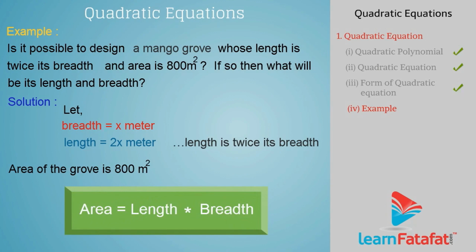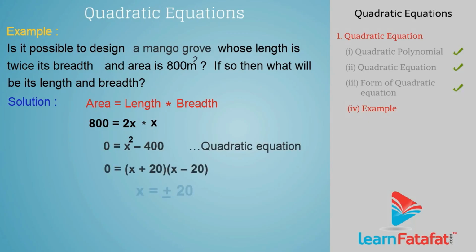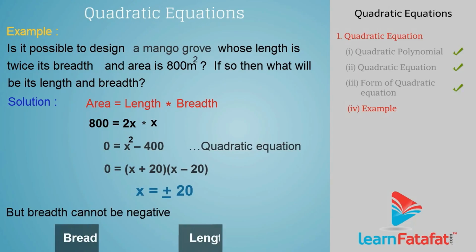Now, we know that area of rectangle is equal to length into breadth. Putting all the values, we get x square minus 400 is equal to 0, which is a quadratic equation. Solving the equation, we get x is equal to plus minus 20. But breadth cannot be negative.